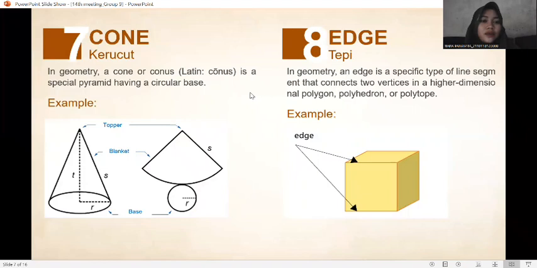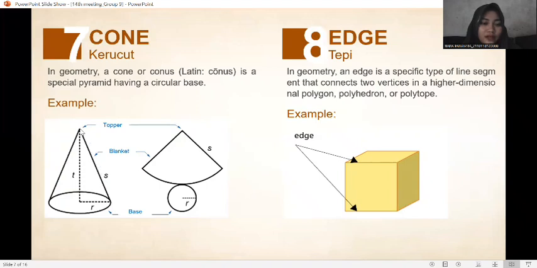Next is cone. Cone in Indonesian is kerucut. In geometry, a cone or conus is a special pyramid having a circular base. The example is, the picture here is cone. The side here is blanket.